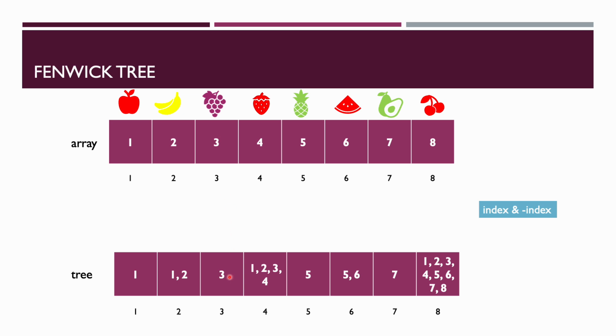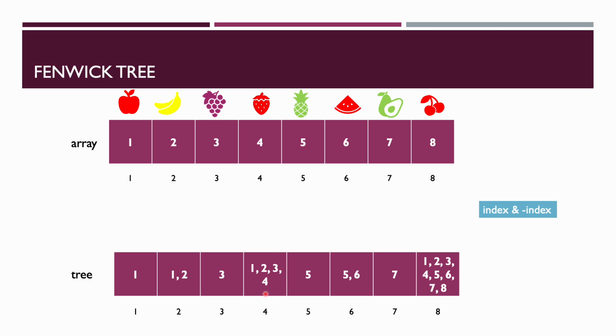Notice that every cell holds the sum for that particular index along with some other elements. So 3 has a length of 1, so it's only going to hold the sum of one element, which is that element itself. You see the current ending summation index is the same as that of i in the tree, right?